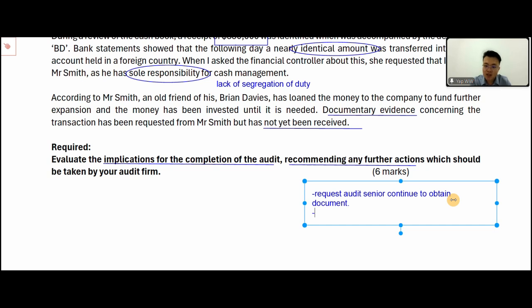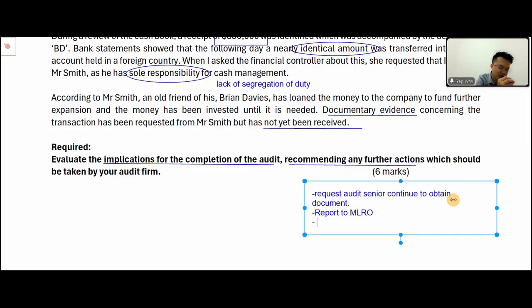And then you may consider reporting to the MLRO. That's what you need to do. So the knowledge that you have studied from the notes now becomes useful. Report to the MLRO, and make sure of proper record keeping. You have to keep all these records. What does he say the money is for? For short-term investment until it is needed.